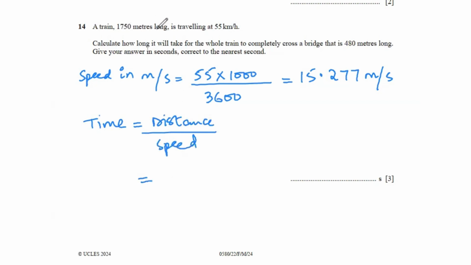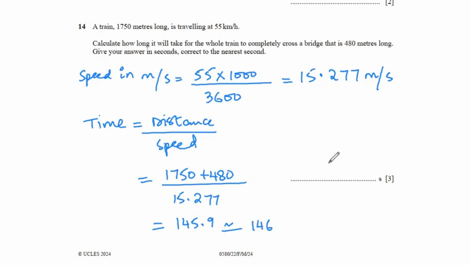Distance is going to be the length of the train and the length of the bridge. So 1750 plus 480 divided by the speed, 15.277. That's going to give us 145.9. And since it says give your answer correct to the nearest second, it's going to be 146. That's the answer.